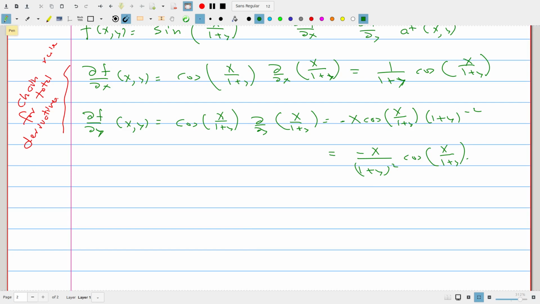Now, since we're working in 2 and 3 dimensions, we'll try to assign a geometrical interpretation to partial derivatives of functions of two variables.